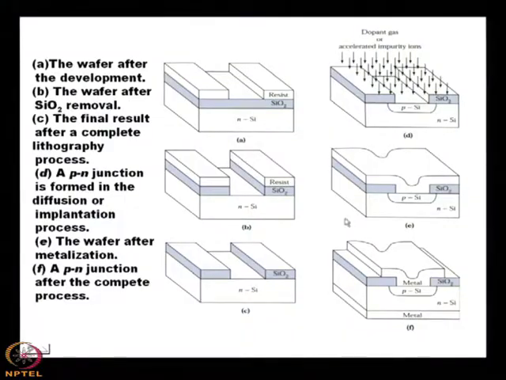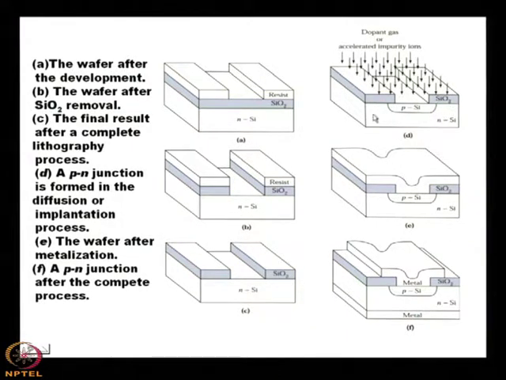So, that means you have restricted the diffusion or ion implantation of the P type material on the SiO2 regions. Through SiO2 nothing will penetrate; only where there is no SiO2 will there be penetration of the dopant gas and a p-n junction formed.